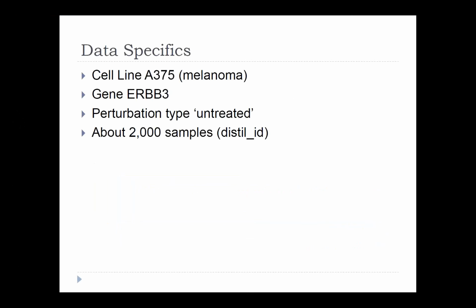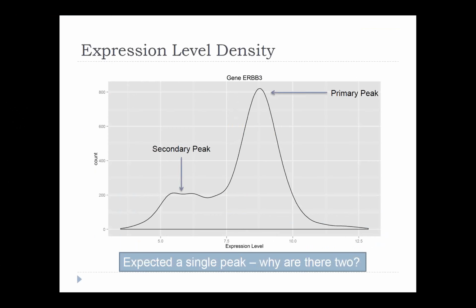Came up with a little over 2,000 samples, and the first thing I did was plot just the expression level, kind of a density for all these experiments, and I ended up with a graph that looks like this, which is not what I expected.